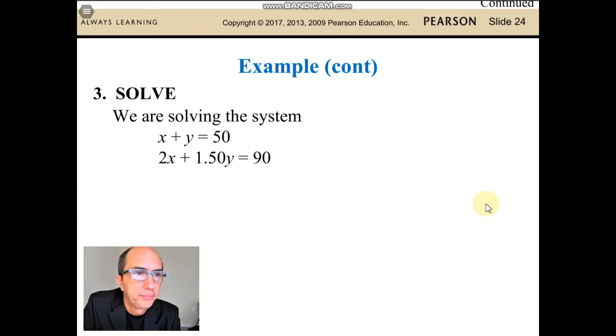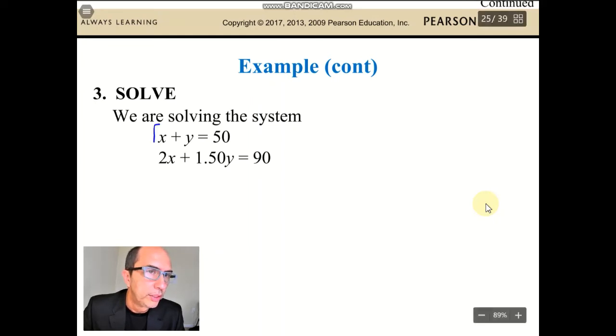Again, you can use graphing, but graphing, as I told you, is for some more particular problems. Usually it's a choice between the elimination method or the substitution method. And here I like the elimination method.